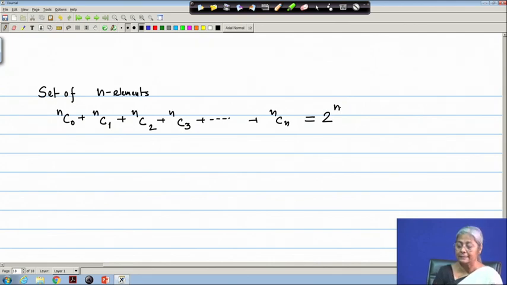Sometimes we write this as a theorem also, and we can prove it.